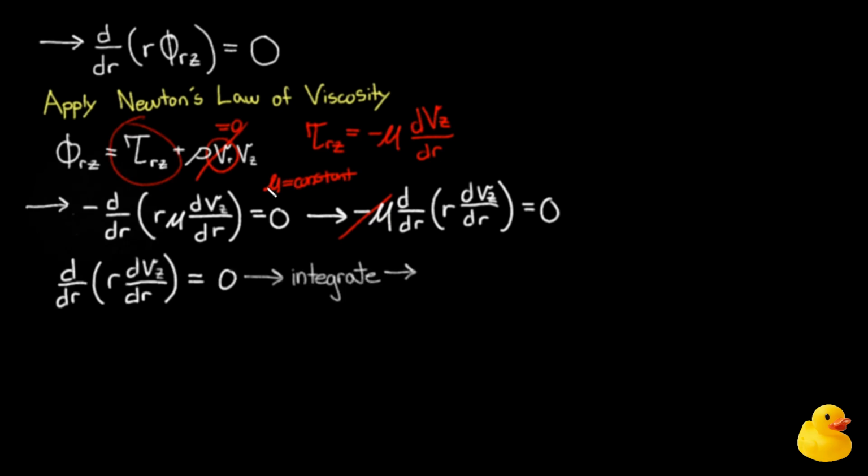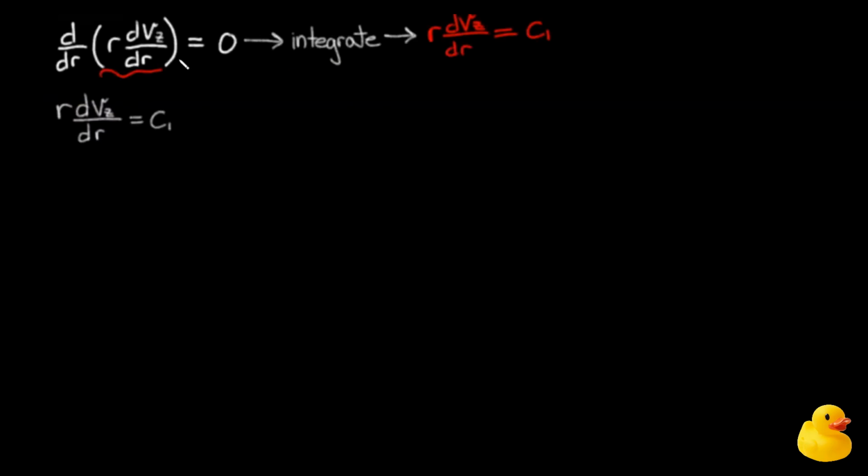Now we integrate it, and we're just left with this inside term, which is going to be r dvz over dr, and don't forget the constant, so c1, because we integrated.